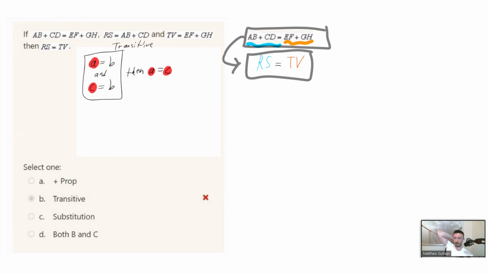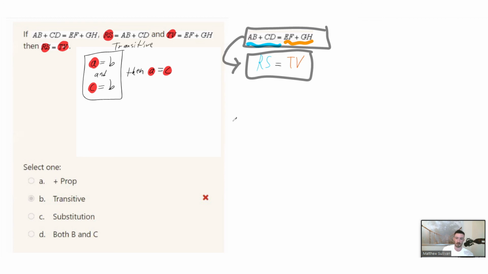Because ultimately, you would want to think about this as the A and the C, but then RS is here, TV is there. They're not exactly equal to the same thing. They kind of are. But maybe what he meant when he said both is that you would have to use both of them, even though you could get away with only using substitution.